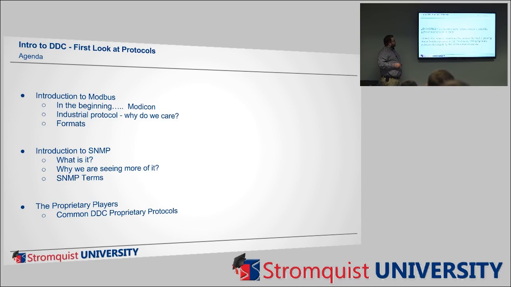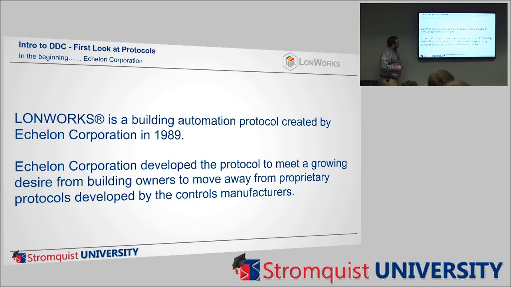So we'll start with LON. When we first started looking at open protocol systems, Echelon introduced LONWORKS, and they started developing it around 1989. What Echelon did is they took a different approach than some of the other people. They actually developed and manufactured their own chips, their own Echelon LONWORKS chips.